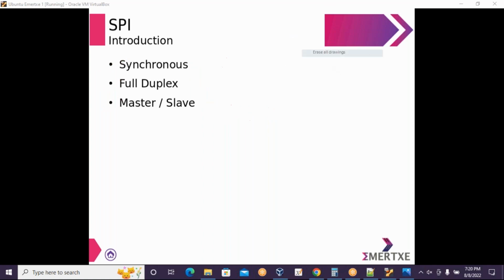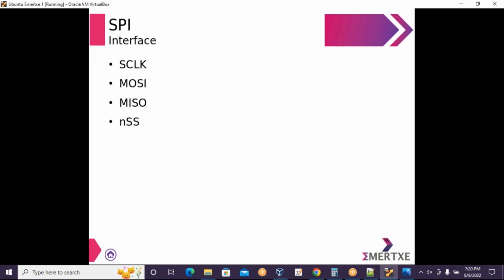Now if you see, as per our discussions, let me go to the next slide. You can see the protocol is going to have four lines for sure. One is the serial clock line, named SCLK.